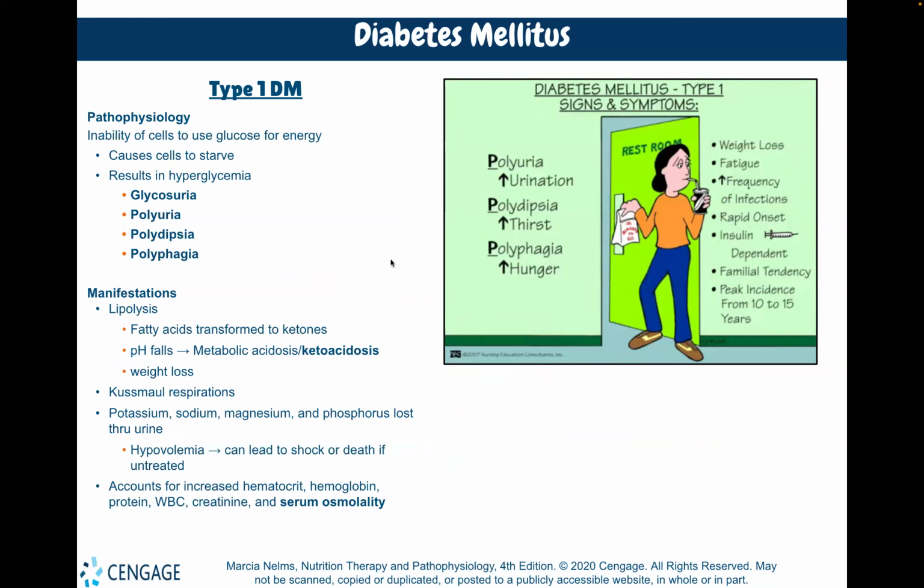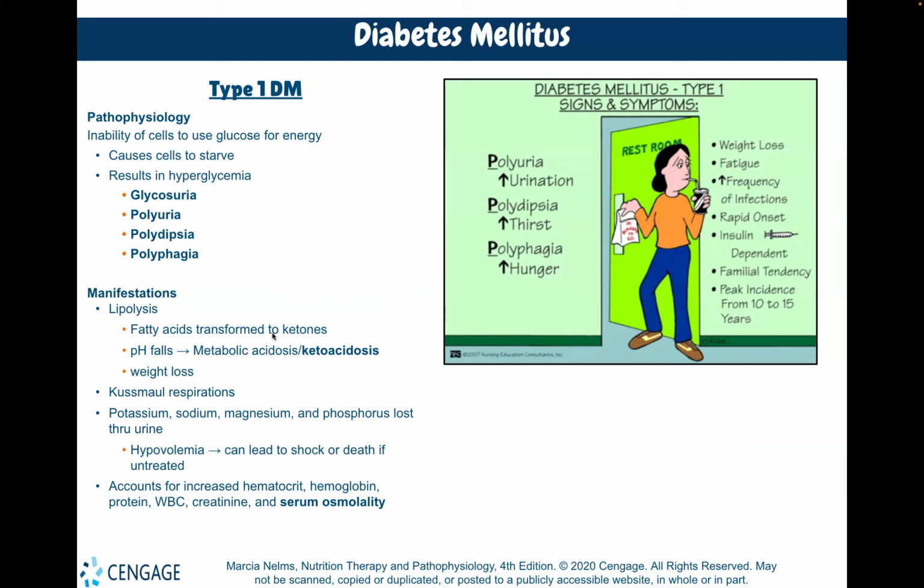So what can happen if somebody has type 1 diabetes and is undiagnosed? We oftentimes will see them lose a significant amount of weight prior to their diagnosis. And that is because despite having hyperglycemia chronically, because the insulin can't get the sugar into the cells, the person is in this metabolically starved state.